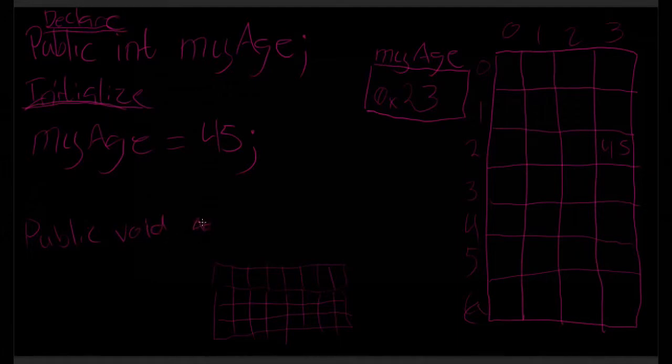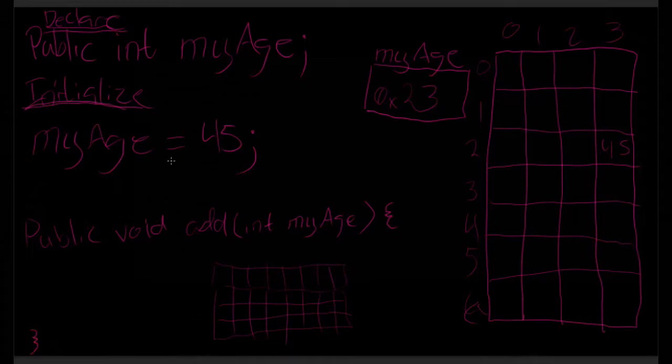Oops, we should do that lowercase. Let's just erase it. Okay, and then add, A-D-D, and it's going to take in an integer called my age. And then we have our curly brace, and we have our closed curly brace down here.